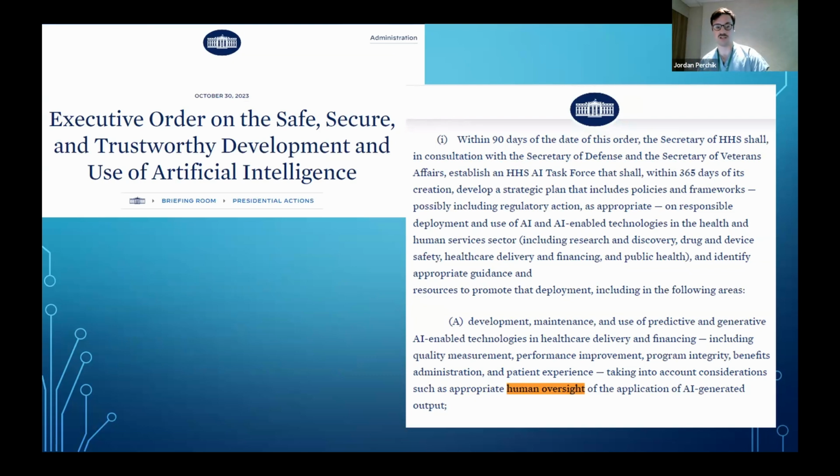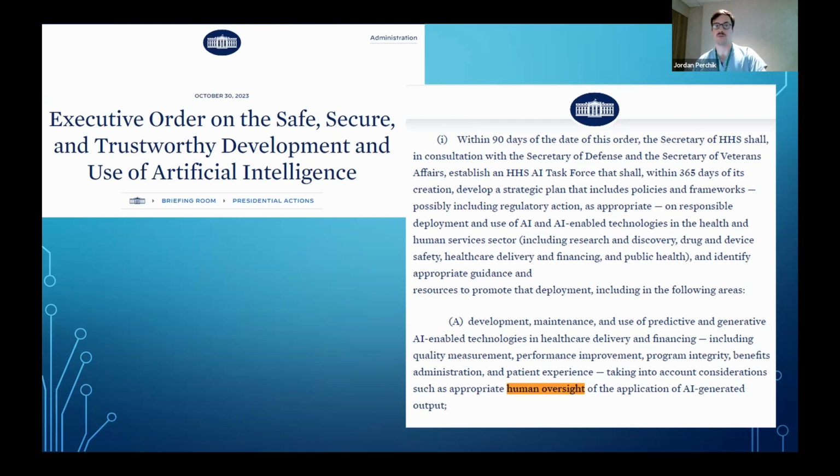And then finally, we're getting some support and some guidance from the government. This is an executive order from last year on deployment of artificial intelligence. There's a specific caveat specifying human oversight for high risk, high stakes integrations like healthcare.